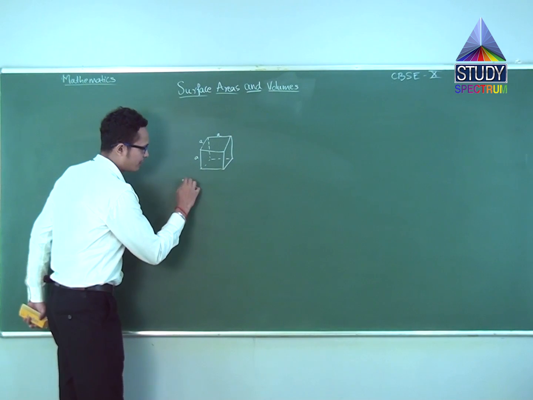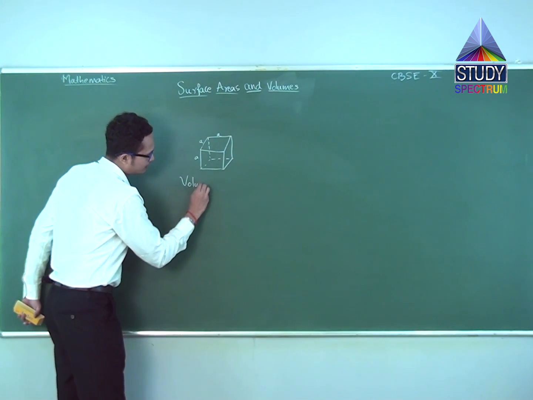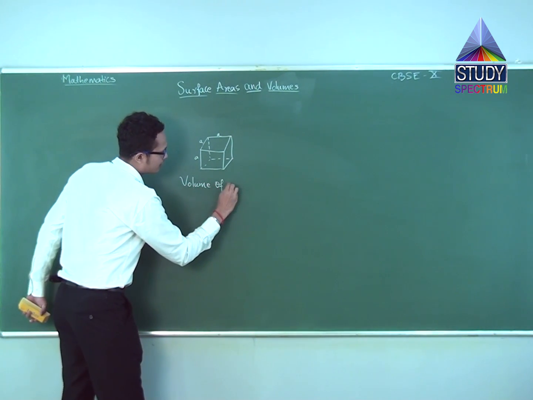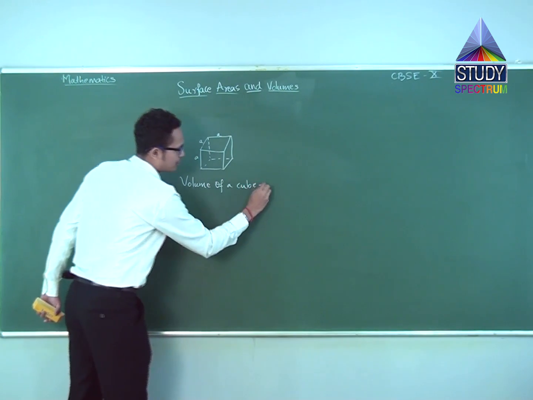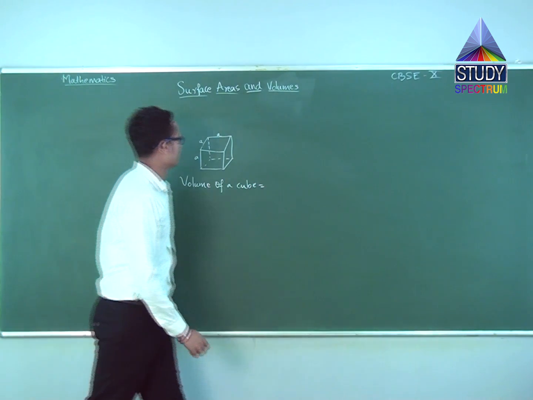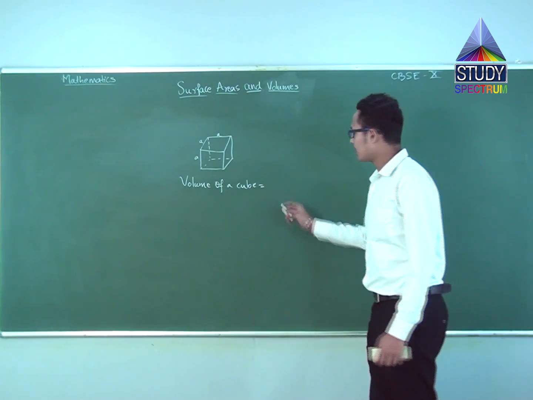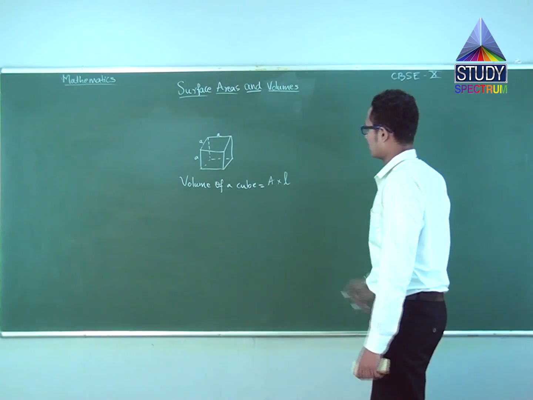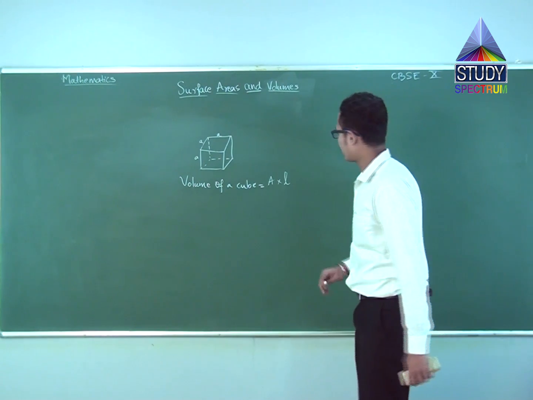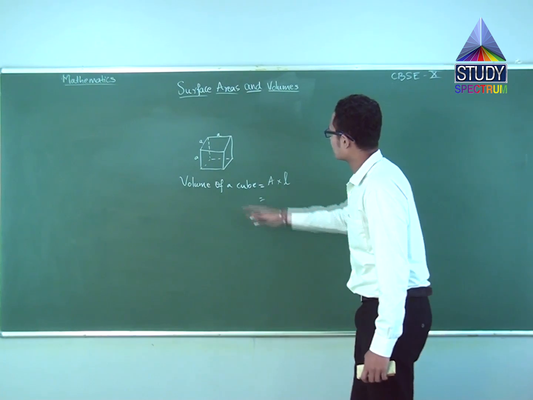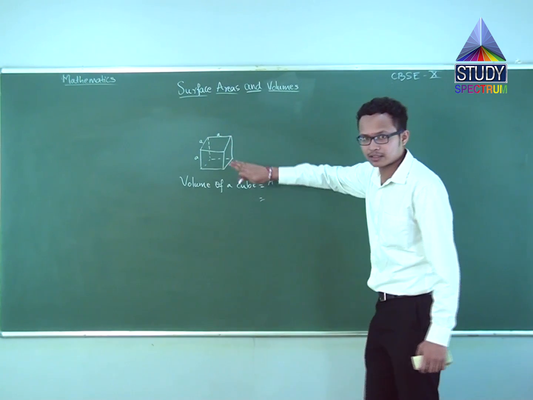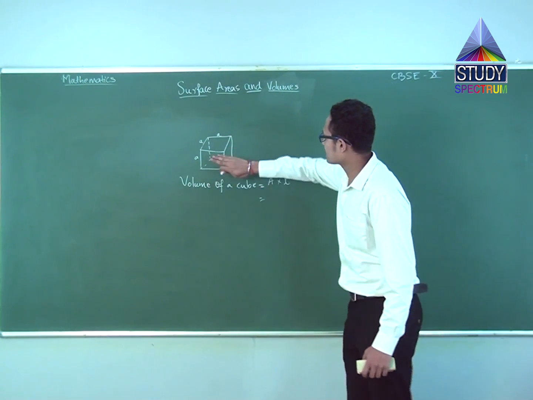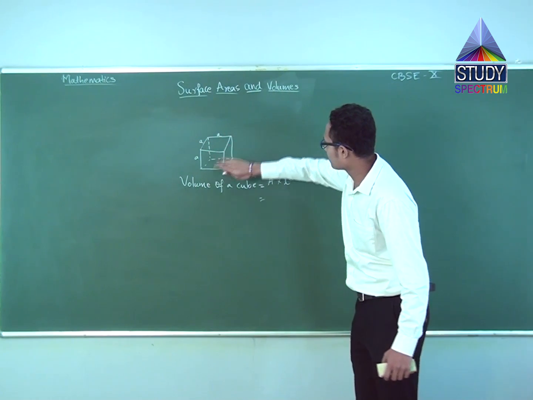So therefore, if I write volume of a cube is equal to area of cross section multiplied by the height or the length. Area of cross section: you can take any of the 6 faces. How many faces? 1, 2, 3, 4, 5, 6.